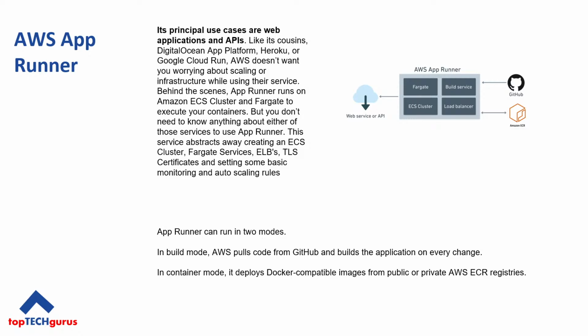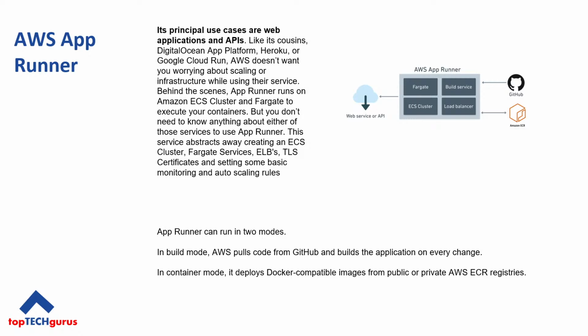So if you look at the information to the right, the picture there talks about how your code from GitHub can be used to build a service, or you could use the ECR, which is the Elastic Container Repository that has all your containers. Whether from ECR or GitHub, you could pull your code or your container from there. Based on that, App Runner in the background takes care of building a service, building a load balancer, setting up Fargate or ECS clusters so that those web services can be deployed there and used.